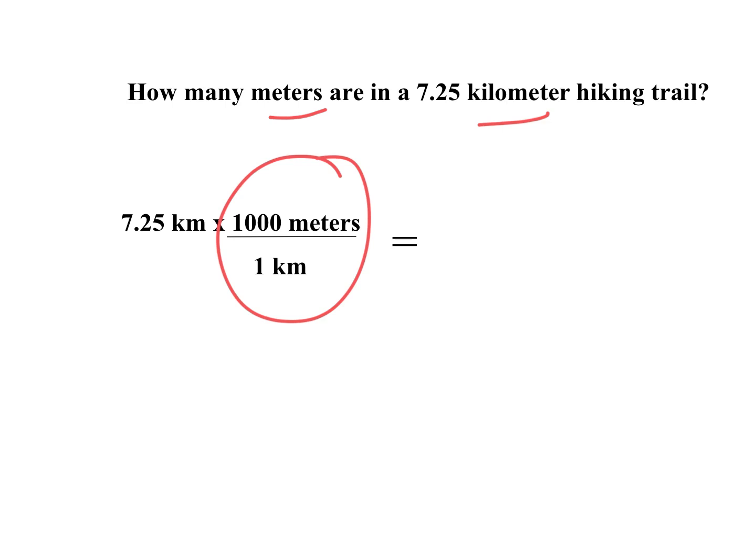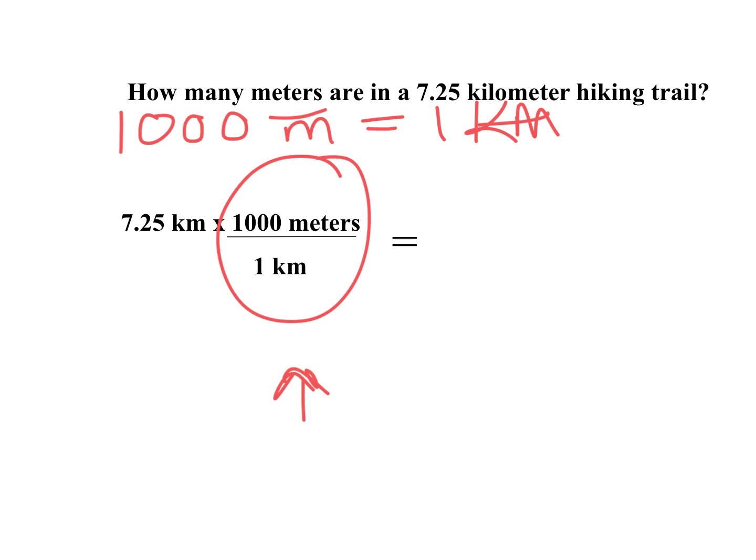Well, by definition, a kilometer is 1,000 times a meter. So by definition, there's 1,000 meters, that's equal to 1 kilometer. And when we have two things that are equal to each other like that, we can express them in a fraction form like this.